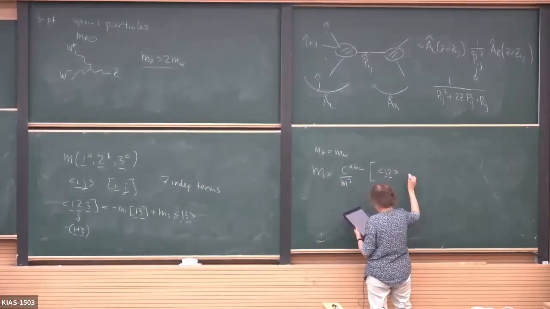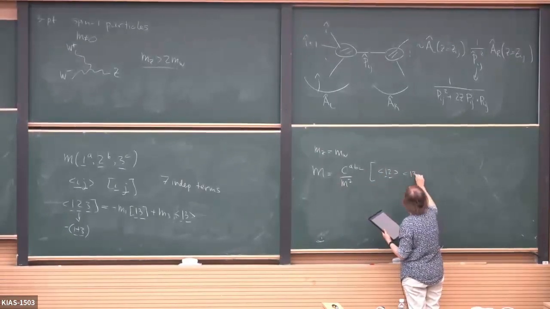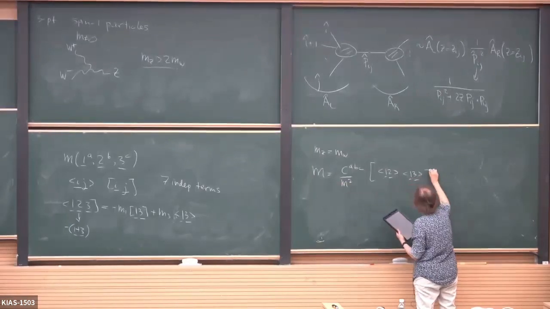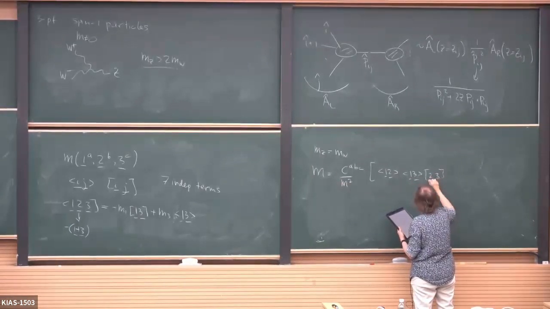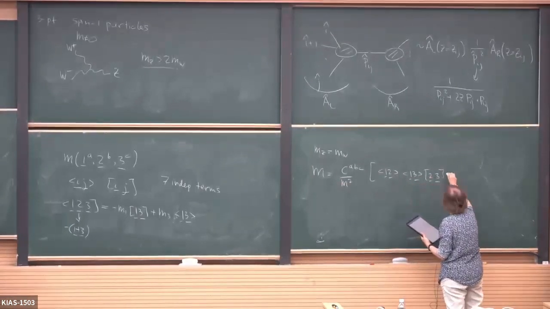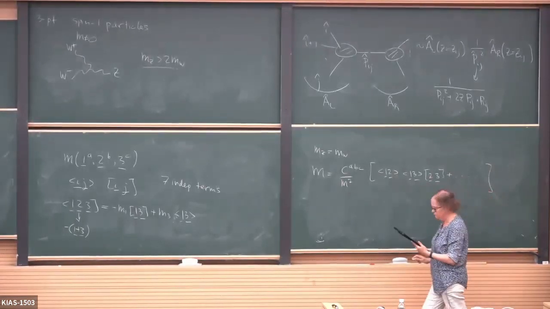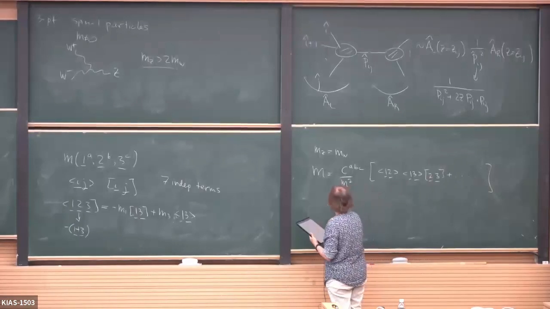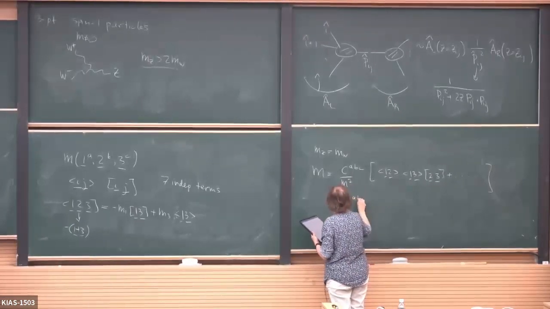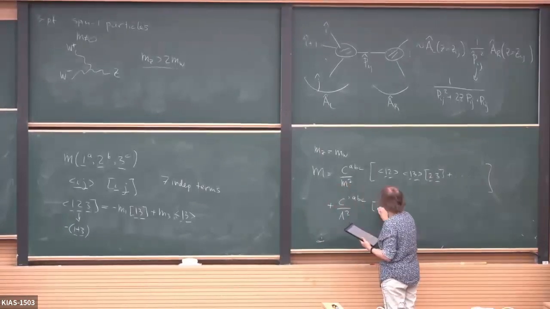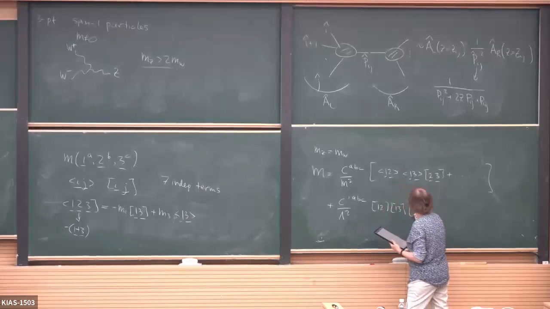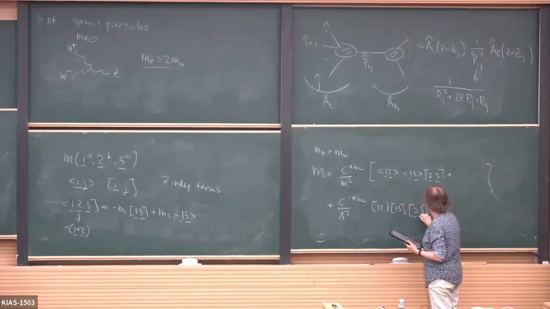And then I have this combination: 1 2, 1 3, 2 3, plus all the different permutations of these guys. And then I have another thing, C prime ABC over lambda squared times 1 2, 1 3, 2 3. And again, all these guys are underlined.